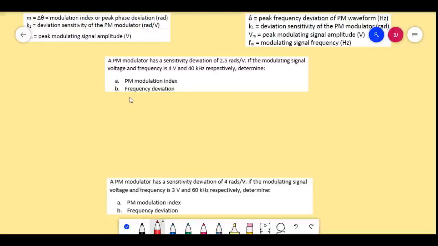As stated, our PM modulation index is also our phase modulation, and it's as simple as multiplying our K1, which is the 2.5 radians per volt, by the modulating signal voltage, which is 4 volts.